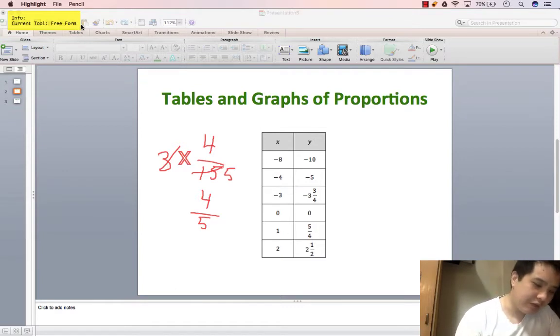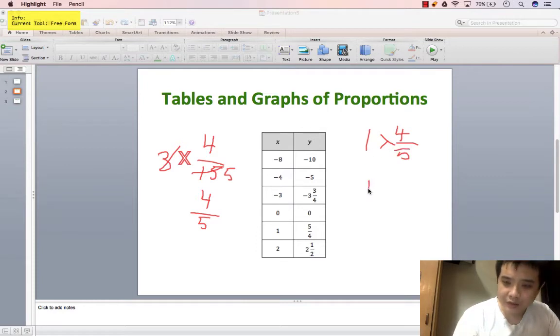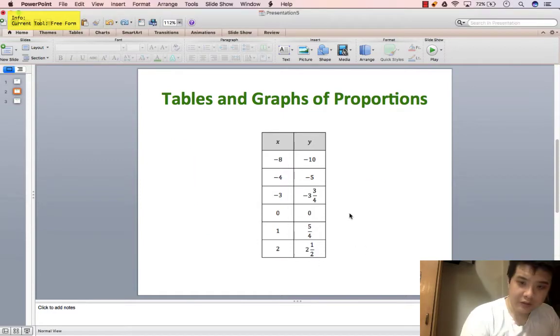So that's again keep, change, flip, so it's going to be 1 times 4 over 5, which again gets us 4 over 5. The last one that we need to check is 2 and 2.5. So let's try that.